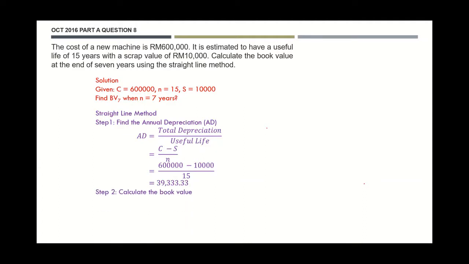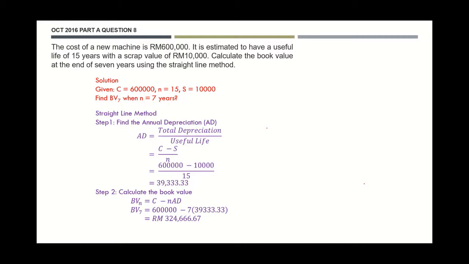So once you have found the annual depreciation, now you can determine the book value at the end of the 7th year. Again, using the same formula as before, BVN equal to C minus N times AD, where N right now is equal to 7. And then you replace C with 600,000 and AD with the value that we found above, 39,333.33.